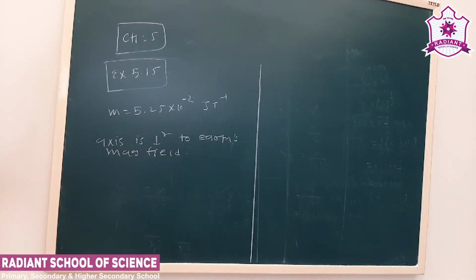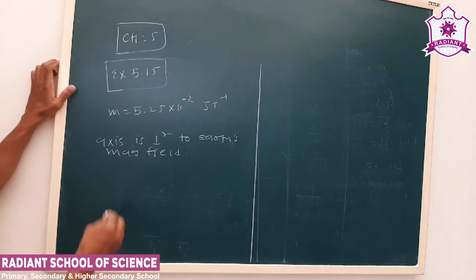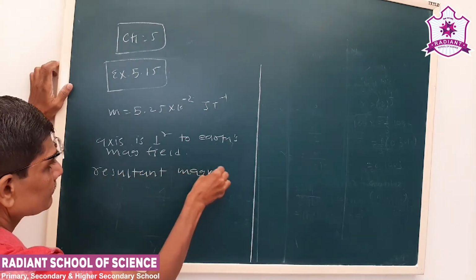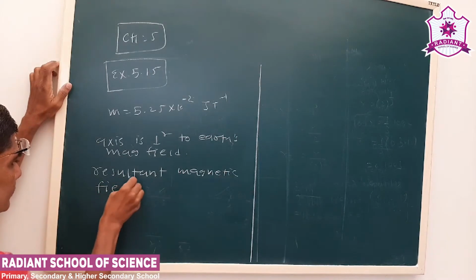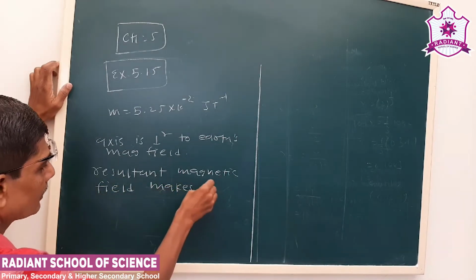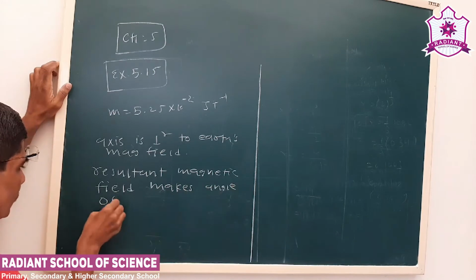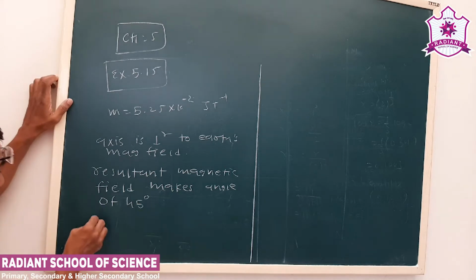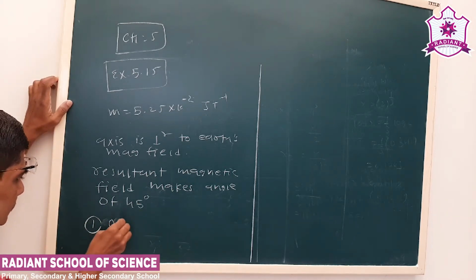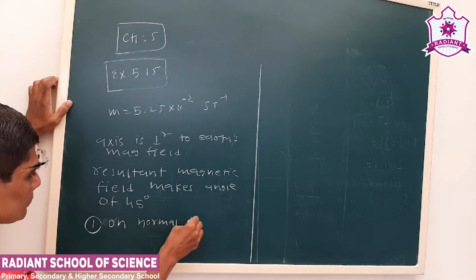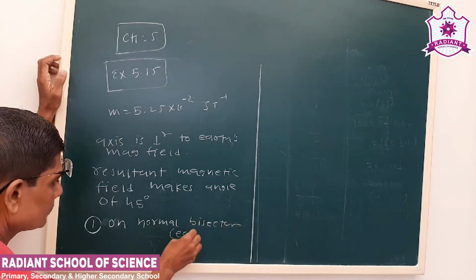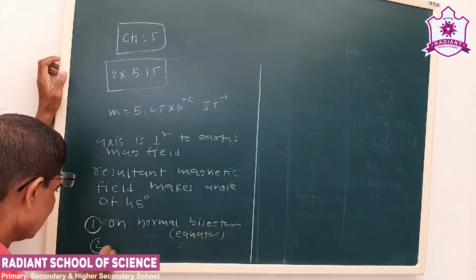At what distance from the center of the magnet does the resultant magnetic field make an angle of 45 degree, first on the normal bisector, that is nothing but equator, and second on axis?